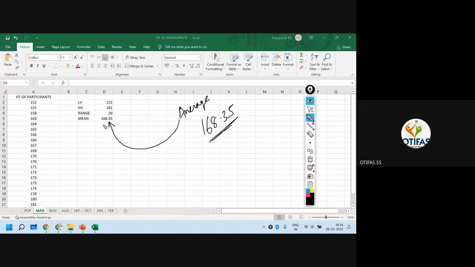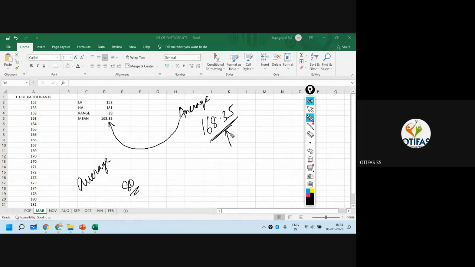You can give an Excel formula. Now tell me, what will be the average of 80 people in this class? Sir, for that you need the data of 80 people. You don't have it.